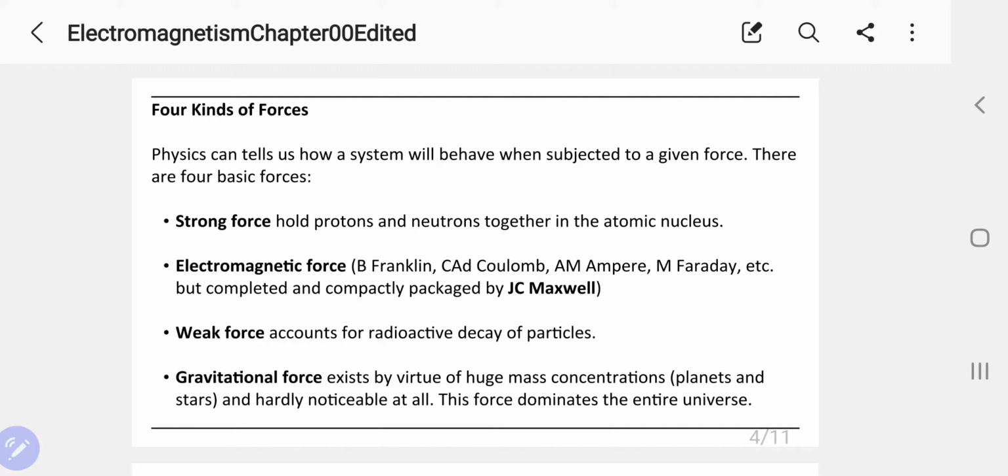This force dominates the entire universe because the universe is composed of stellar bodies which are really heavy. And even gravitational force can bend light.